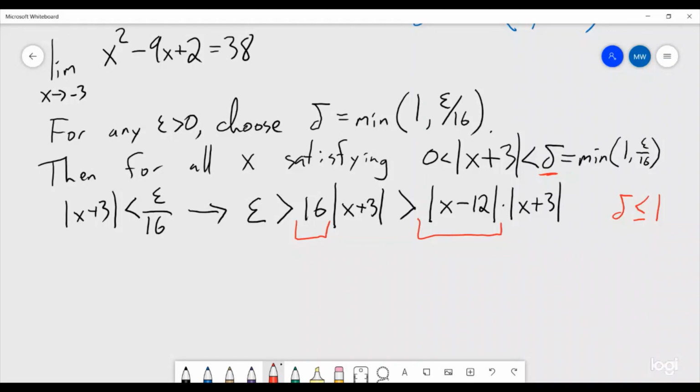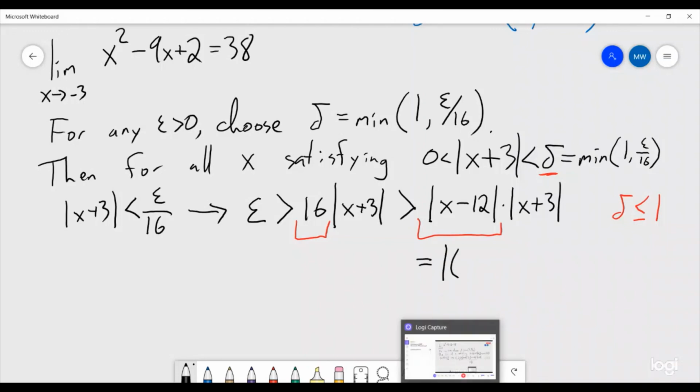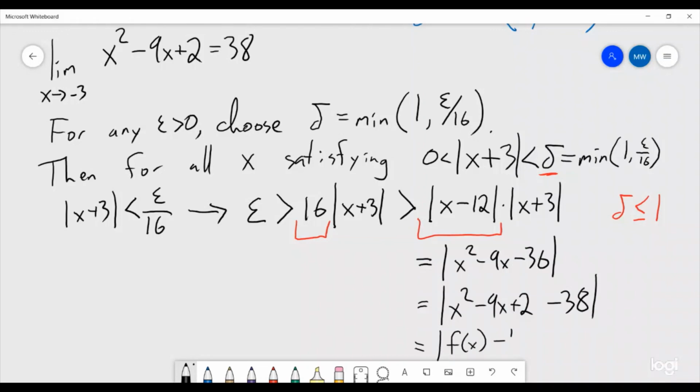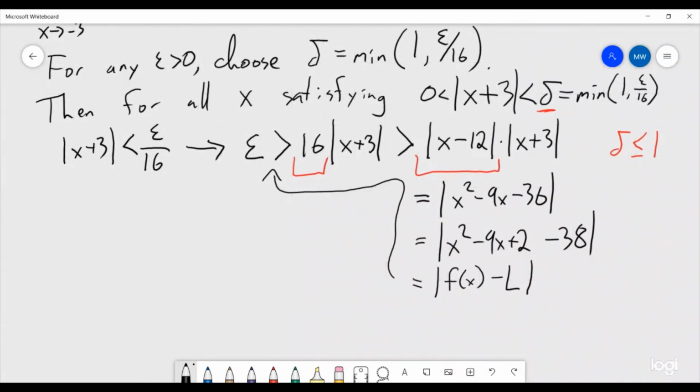So we're able to conclude that, which is then equal to the absolute value of x squared minus 9x minus 36, which is equal to x squared minus 9x plus 2 minus 38, which is absolute value of f of x minus L. And we have that as equal to all of this stuff which is less than epsilon, which tells us that the absolute value of f of x minus L is in fact less than epsilon.